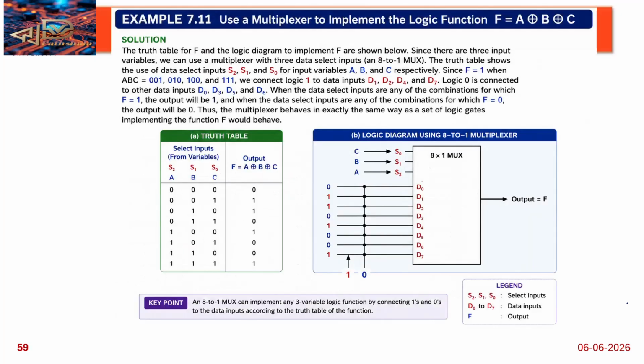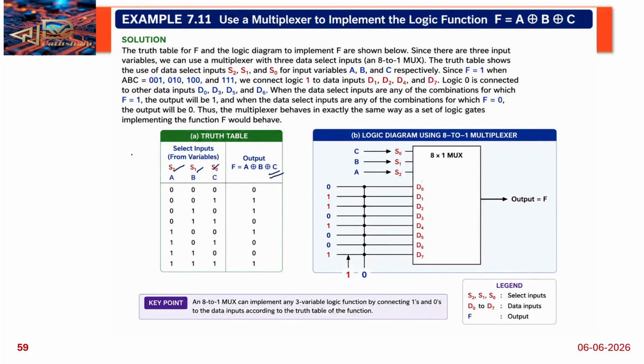Okay, this is the multiplexers representation. How the multiplexers are implemented for full adder, half adder, full subtractor, all these things. So here some output I'm adding. 3 bits I'm considering, so S0, S1, S2, 3 select lines.